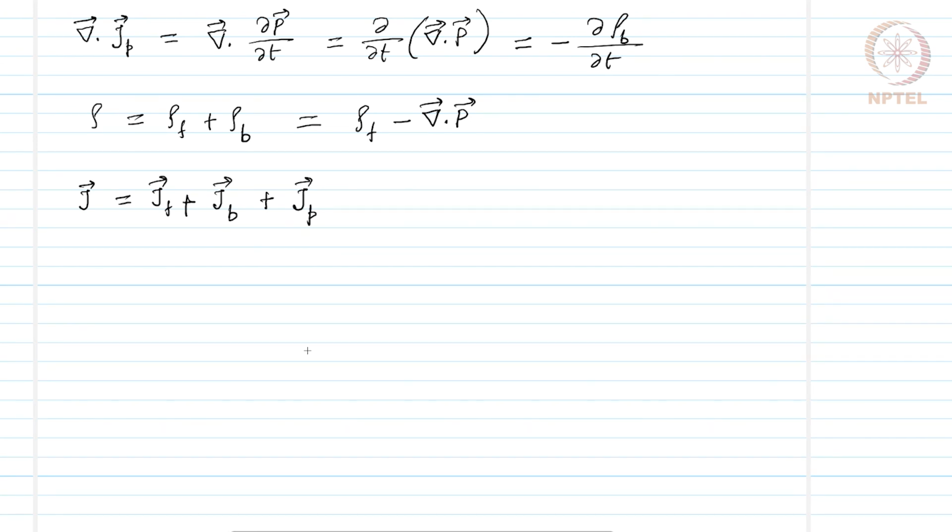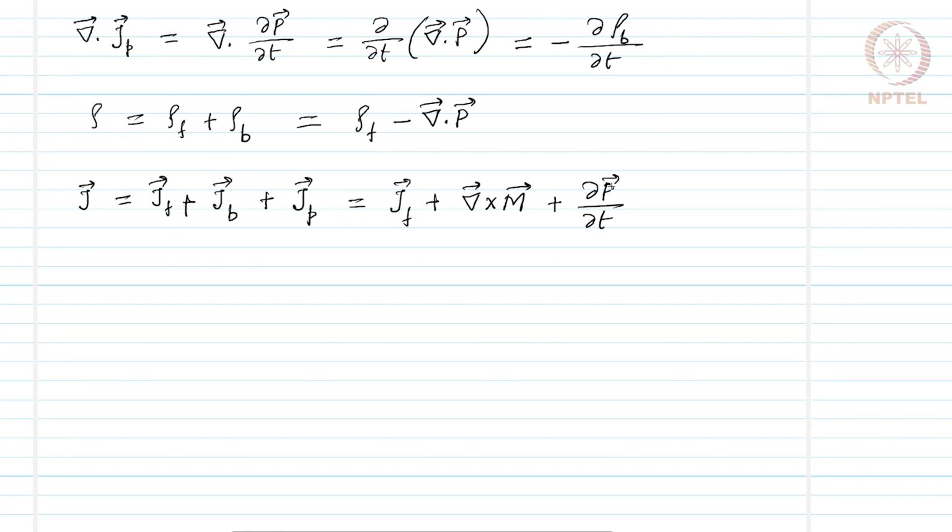So, it is split into three parts, which essentially gives us Jf plus the curl of magnetization, that represents the bound volume current density, plus del P del t. This gives us the polarization current density.